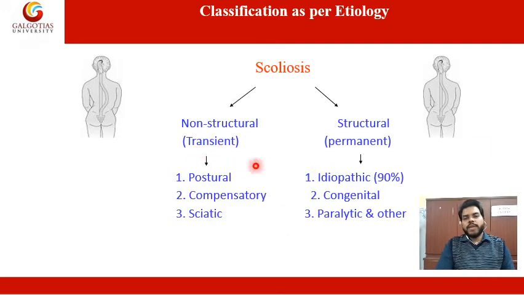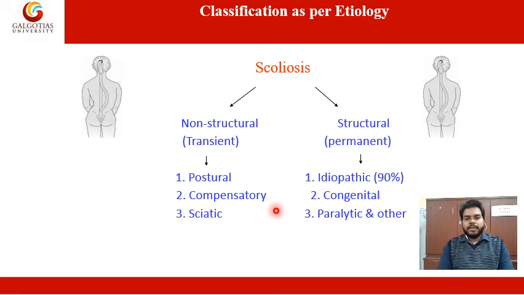So there are two types of scoliosis. First is non-structural and second is structural. Non-structural means transient and structural means permanent. The permanent can be corrected by surgical method. And the transient, that is your postural, compensatory and sciatic. Posture, by any posture deformity, the scoliosis is present. Compensatory, if there is a muscle shortening or any compensation by the body, that is your compensatory scoliosis.